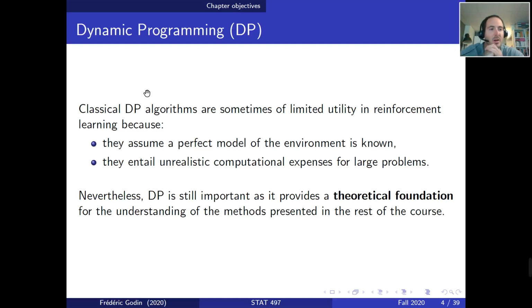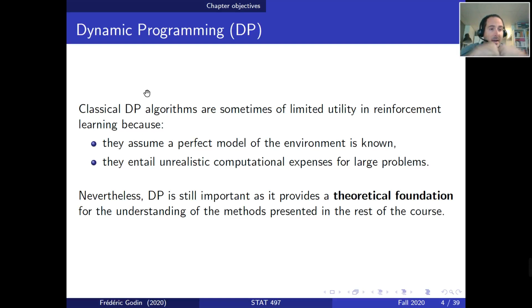Furthermore, we're going to see that dynamic programming algorithms sometimes entail unrealistic computational expenses for some problems. For problems that are very, very large, the algorithms proposed here become impossible to apply because it would take way too much time to compute things.